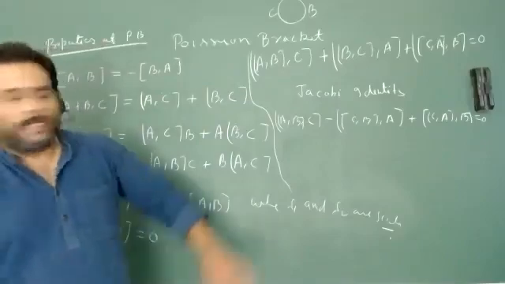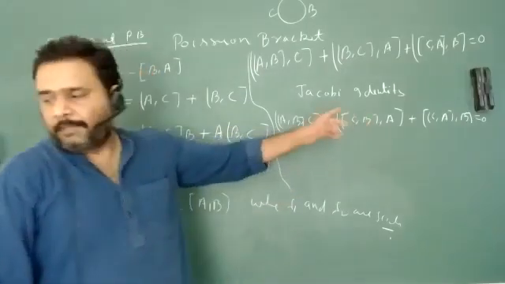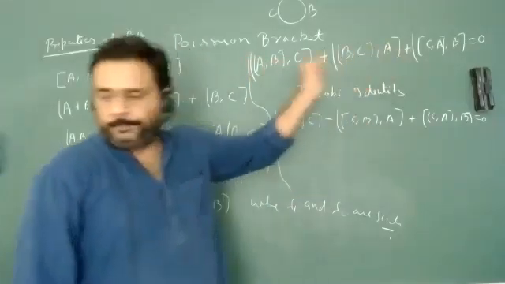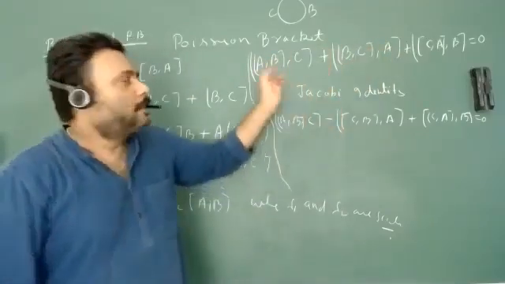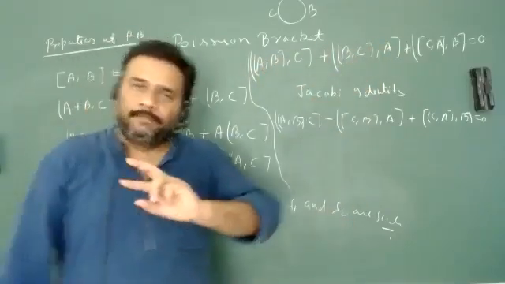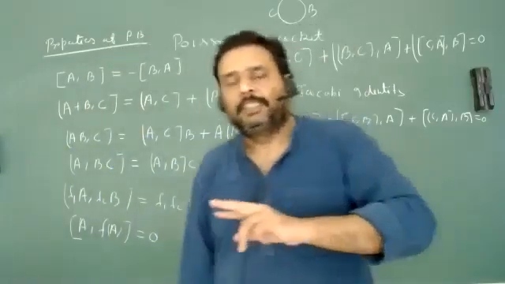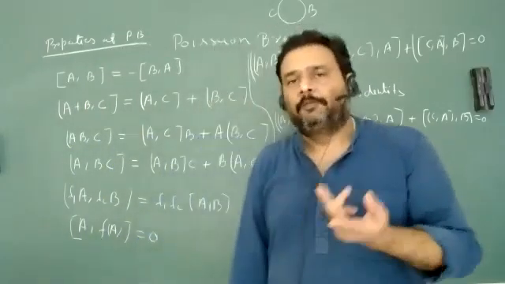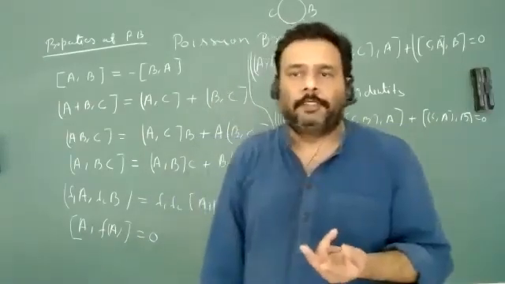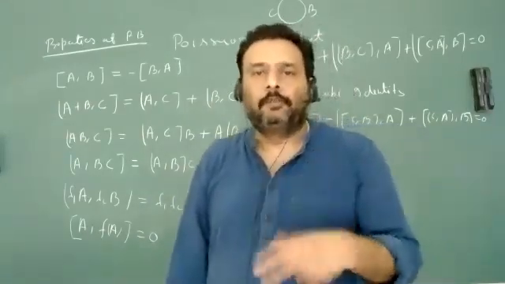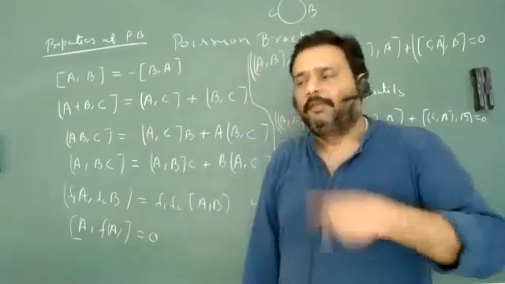So you can adjust the minus and plus signs, but this is the original form. Once you write the original form, if any order changes, you change the sign from plus to minus. And suppose the order changes two times, then you change the sign two times, so that will again be plus.